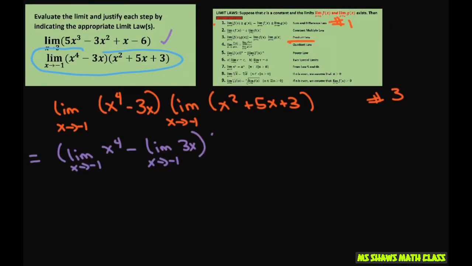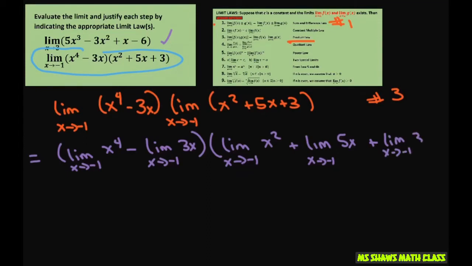Now for this part, let's break it down: the limit as x approaches negative 1 of x squared plus the limit as x approaches negative 1 of 5x, and then plus the limit as x approaches negative 1 of 3.